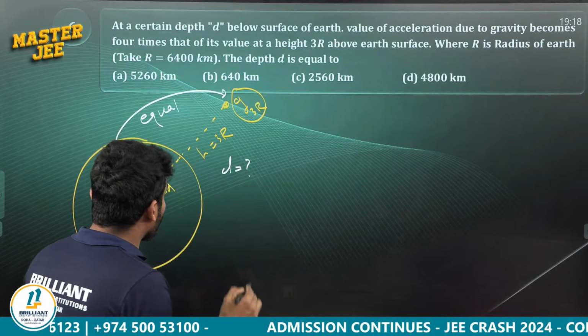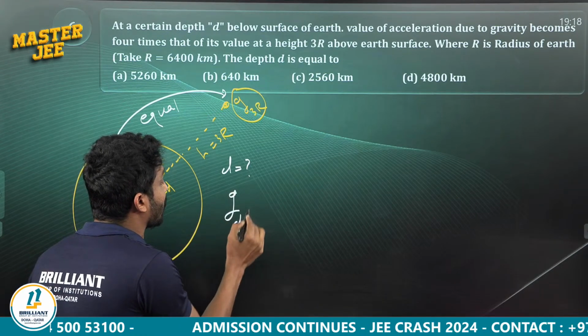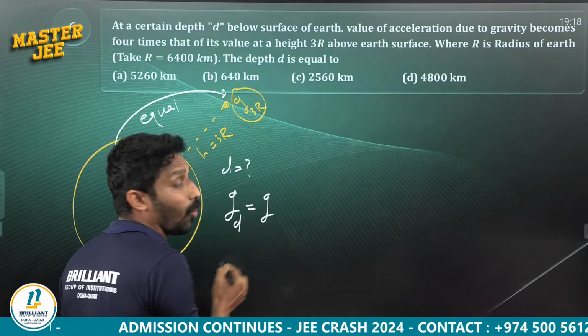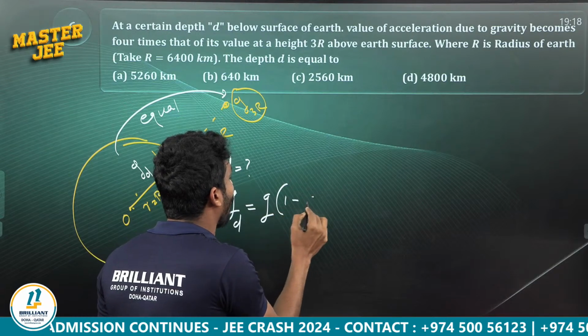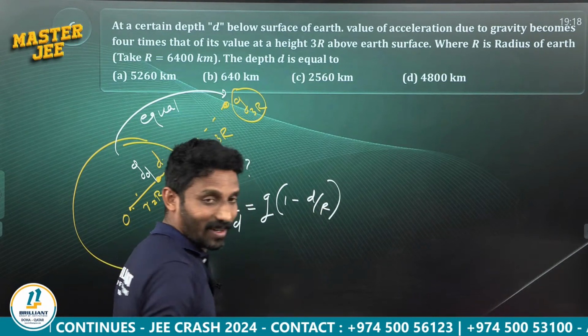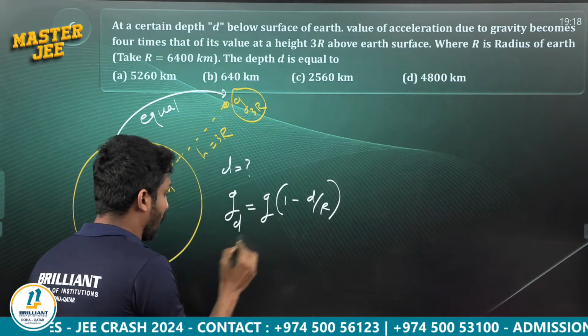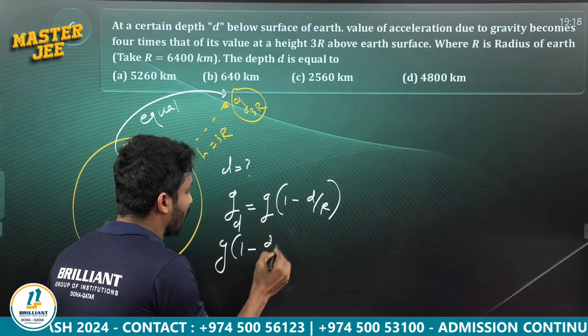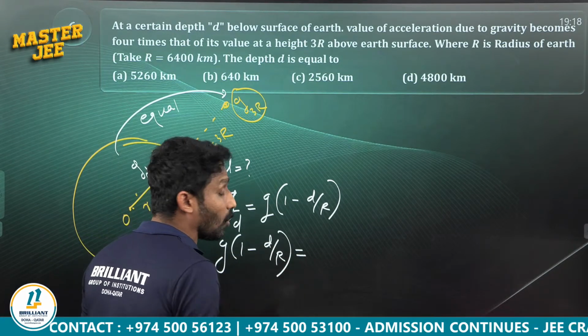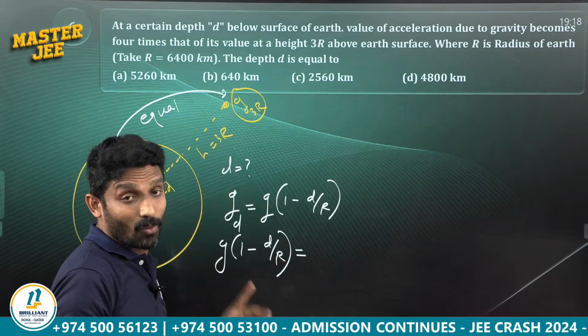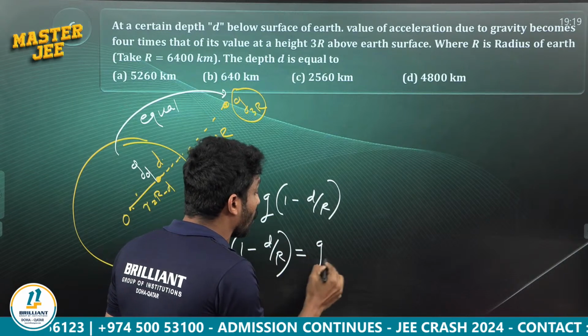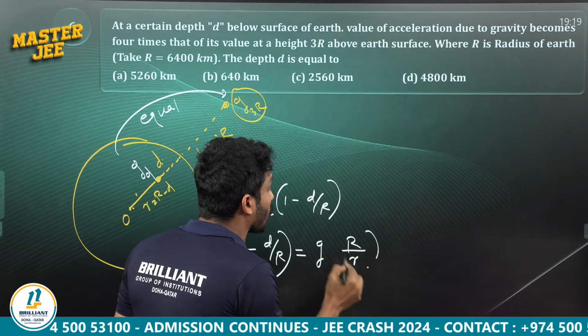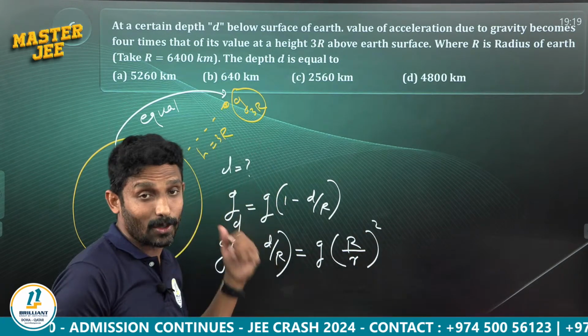Clear. What is the equation of acceleration due to gravity at a depth d? It is equal to the value on the surface times 1 minus d by r. Clear? Yes. Now this value, g into 1 minus d by r, is equal to the value at this height. What is the value at the height? G into r divided by R whole square, as already mentioned in the earlier question.